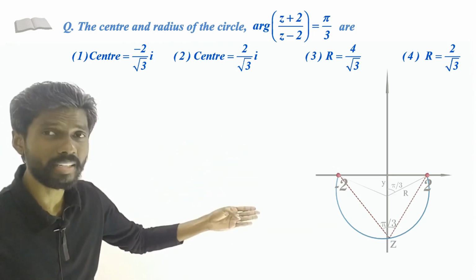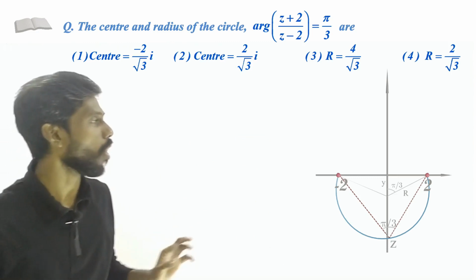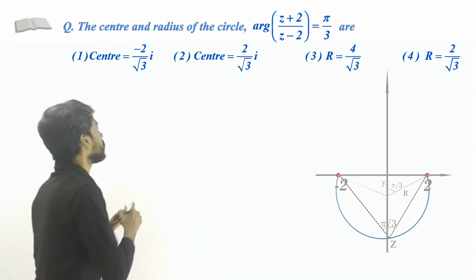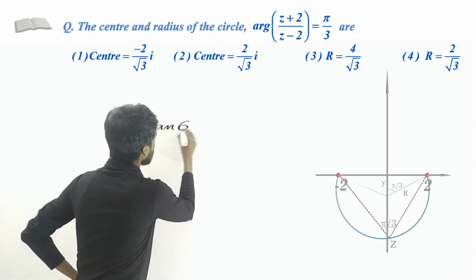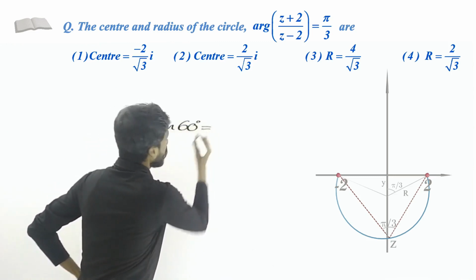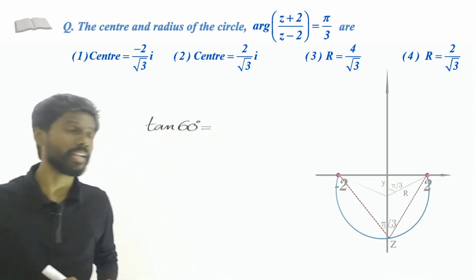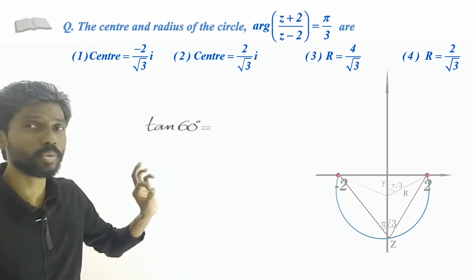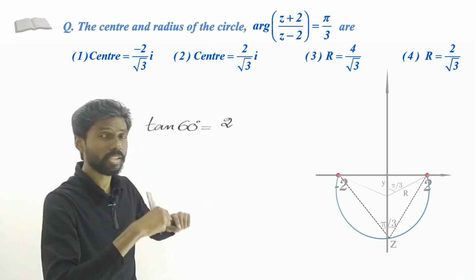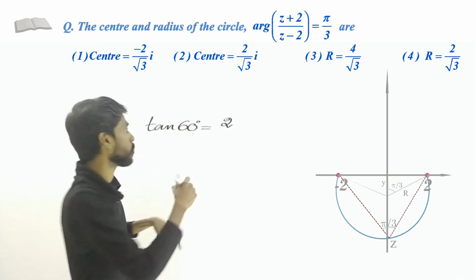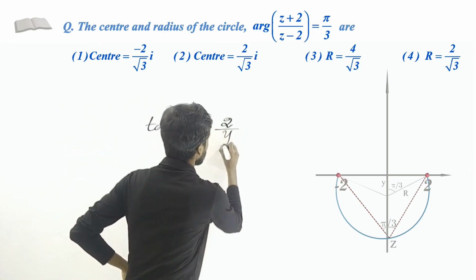In that right angle triangle, let us find tan 60 degrees, because that angle is 60 degrees. Tan 60 in that triangle is the opposite side, which is 2, divided by the adjacent side, which is the y coordinate. So 2 divided by y.